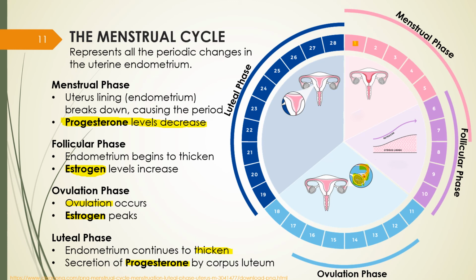If I receive a zygote here, I continue secreting progesterone until my placenta is formed. If I don't receive a zygote here, my progesterone levels decrease and my endometrium starts to break down. And then we start over again, the bleeding and so on. Okay?